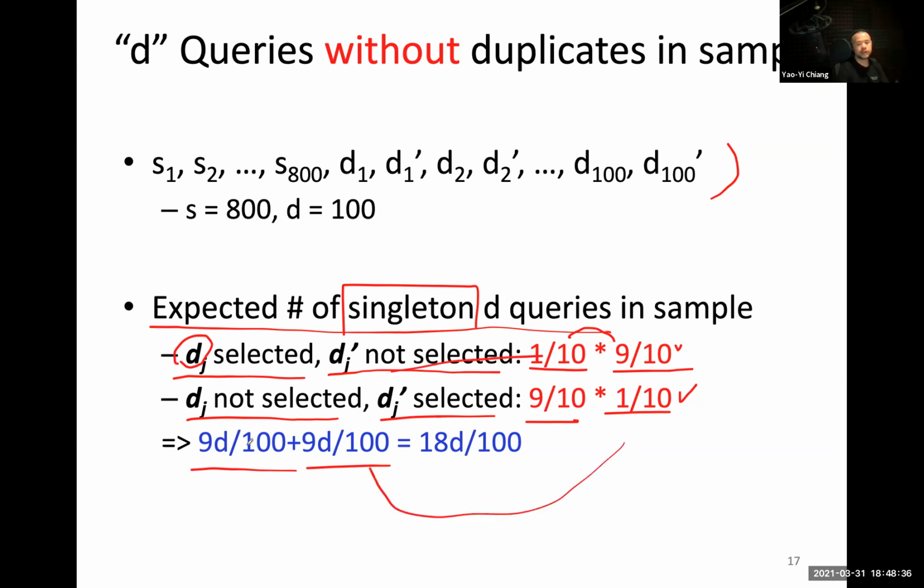All right, first scenario and second scenario. And this is the expected number of duplicate queries that do not have a pair, or only one of them is selected in the sample.